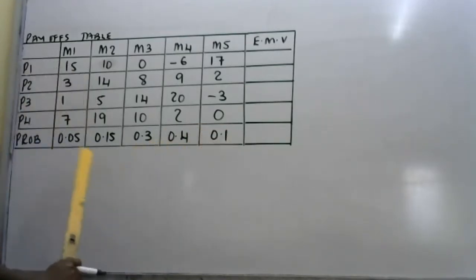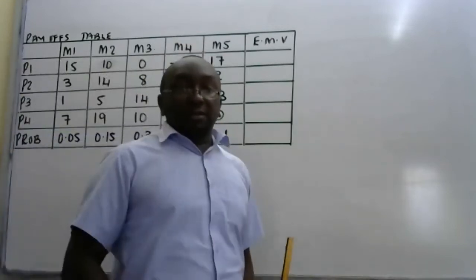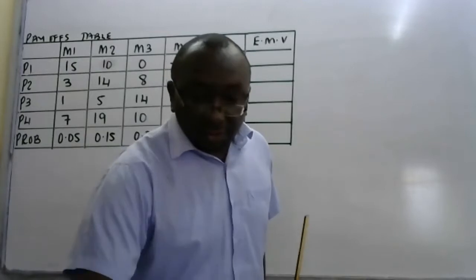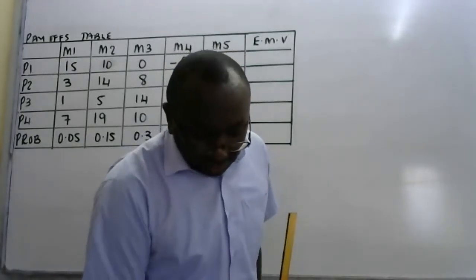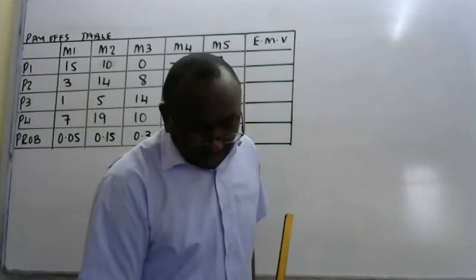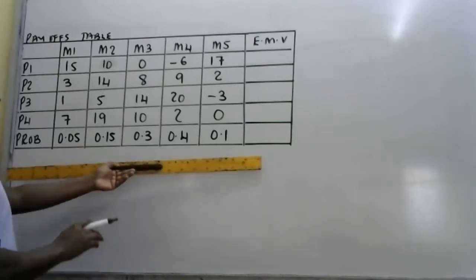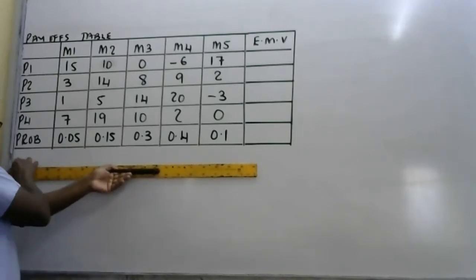These probabilities, I have assumed them. They were not part of the question because I want to do everything. Okay, so if that is okay, we go on to the next step.